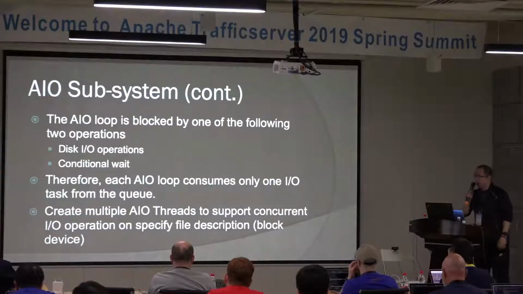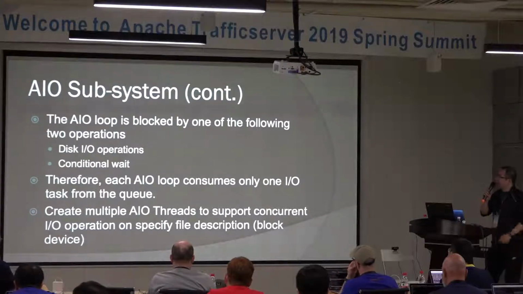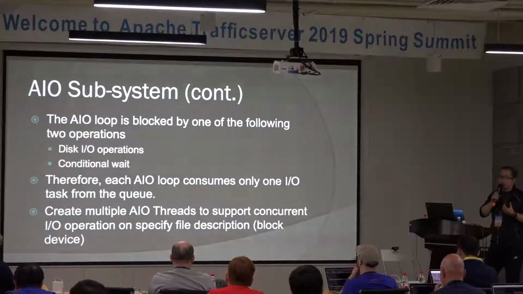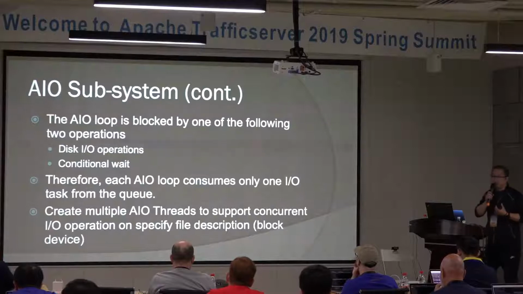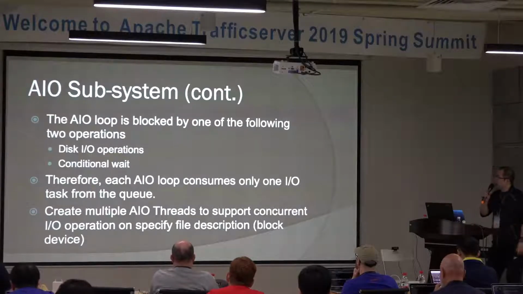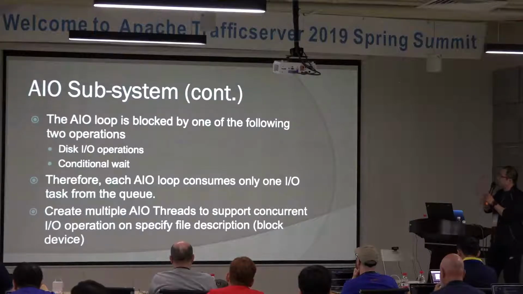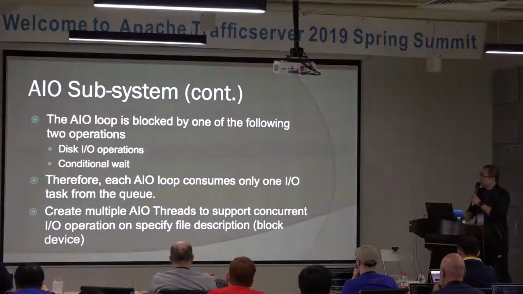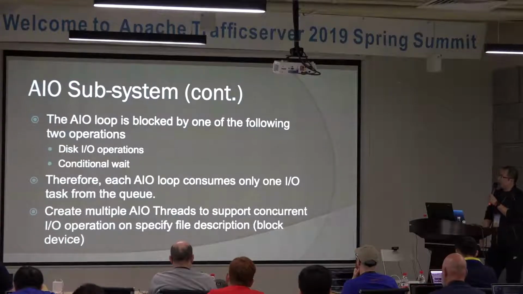The AIO loop is blocked by one of the following 2 operations: when you read and write disk, or blocking by conditional wait. Therefore, each AIO loop consumes only one AIO task from the queue, and creating multiple AIO threads supports concurrent IO operations on a specific file description, for example, the block device.